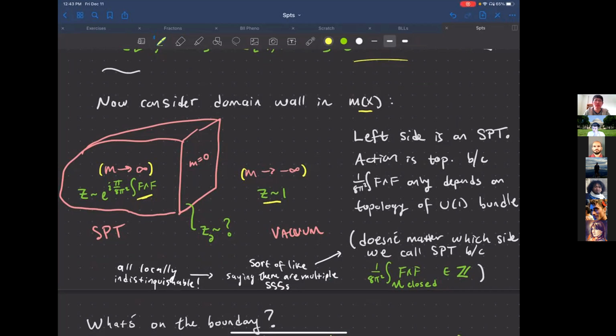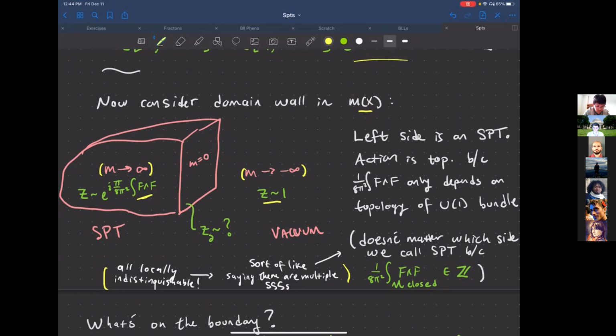Let me just explain these comments that I wrote down here. This comment is saying that the situation we find ourselves in is sort of like having multiple superselection sectors. A superselection sector is like a certain one of a collection of ground states for a spontaneous symmetry breaking state.